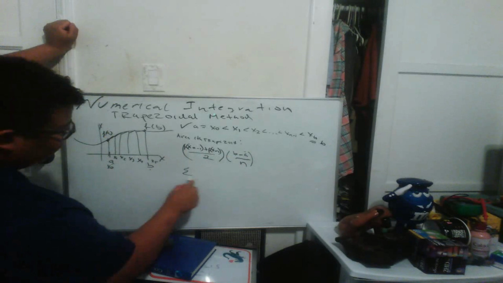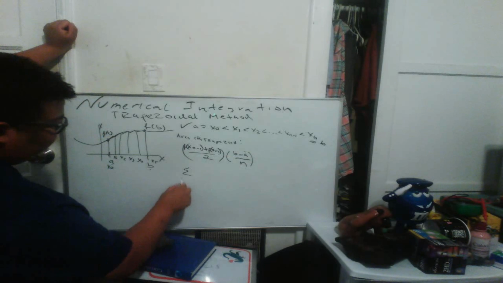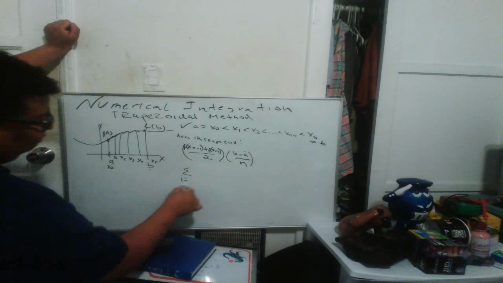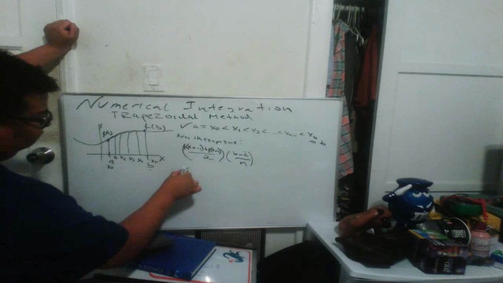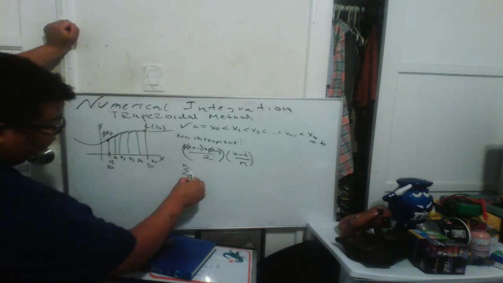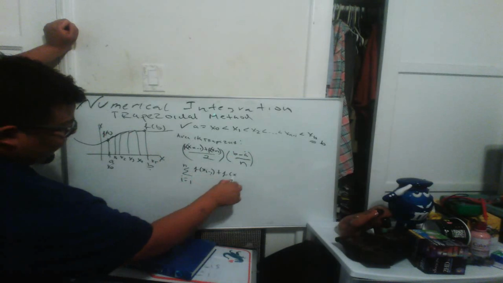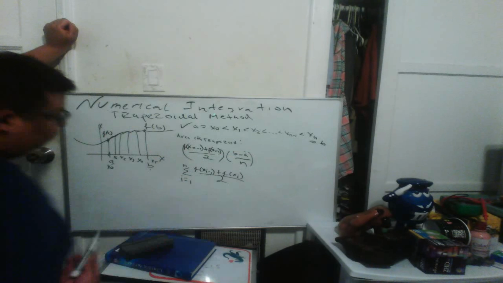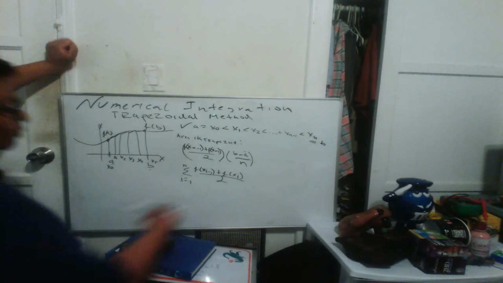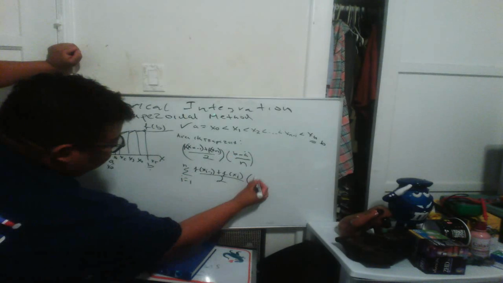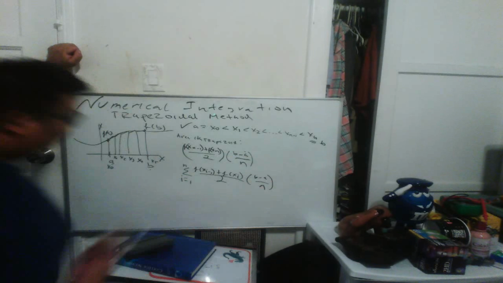We're going to do the summation of i equals 1 all the way to n of f of x of i minus 1 plus f of x i, all over 2, times b minus a over n.